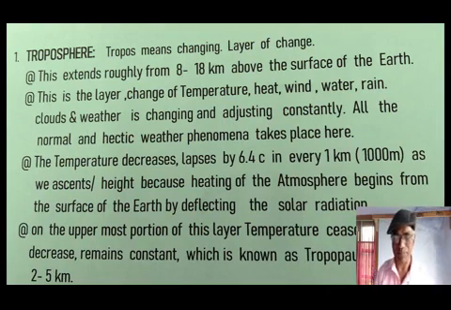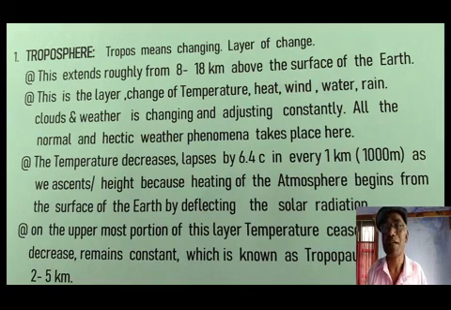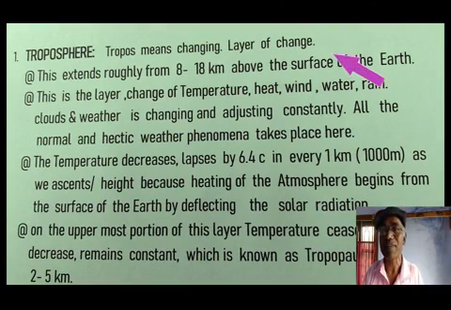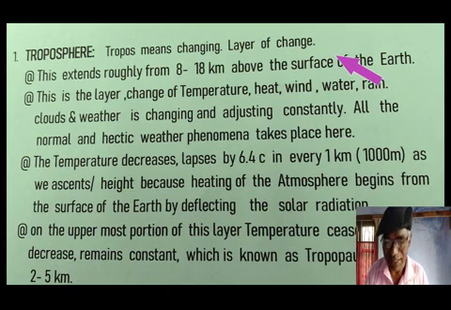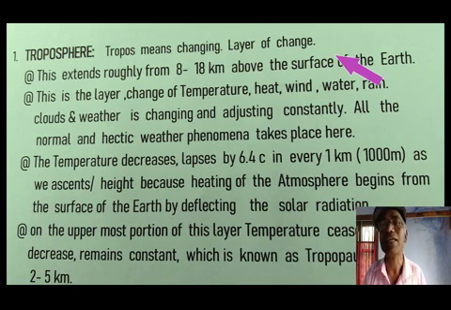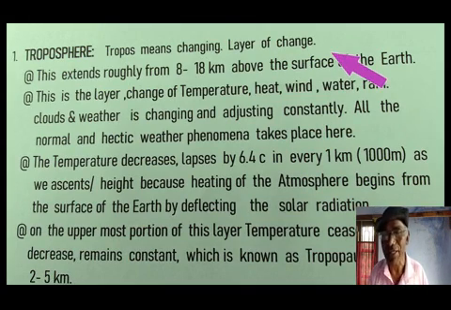First among them is the troposphere. Tropos means changing. So this layer is a layer of changes. This extends roughly from 8 to 18 kilometers above the surface of the earth.